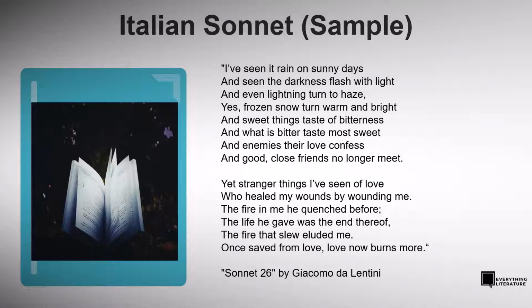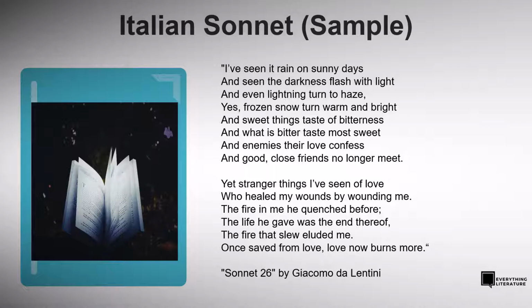If we take a look at this poem, we'll notice the end of the first line and the fourth line rhyming: days and haze, then light and bright rhyme, and bitterness and confess rhyme.